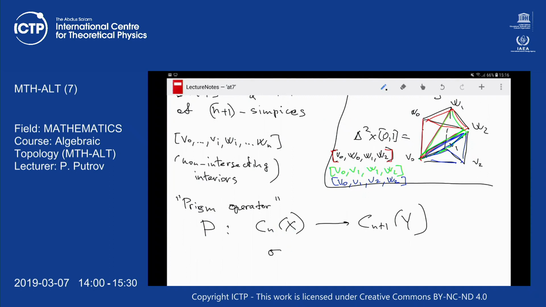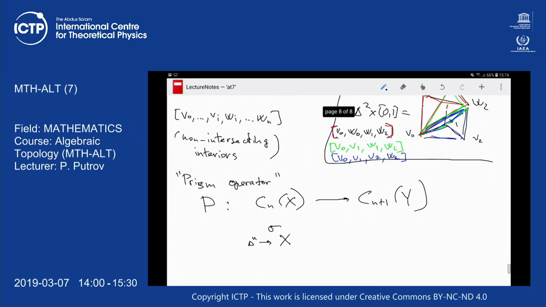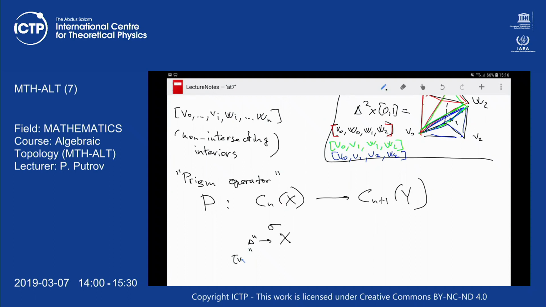Let me take some generator here. So this is a map sigma from delta n to x. I will say that this has vertices V0 to Vn.